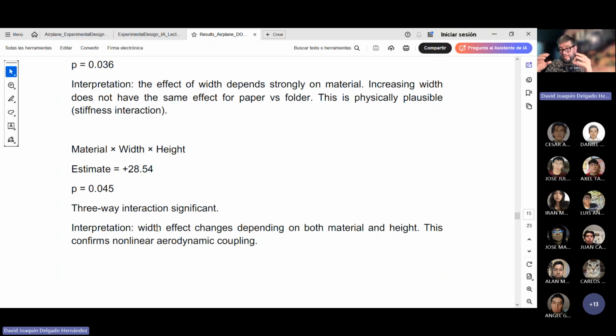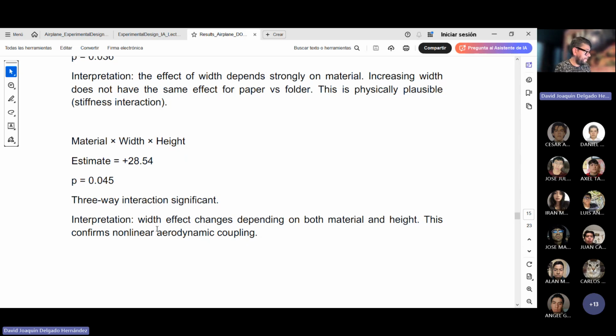That means that if I have a very sharp airplane, the one that I built at the beginning, that is aerodynamic. So it is better for the airplane to have this aerodynamic aspect than the other with the nose folded, okay? This is the interpretation of this coefficient, okay?